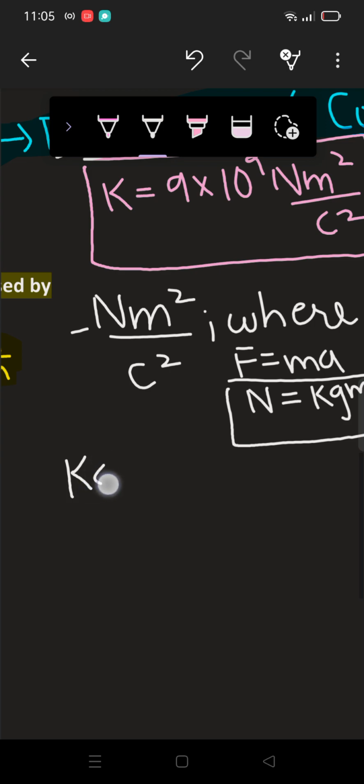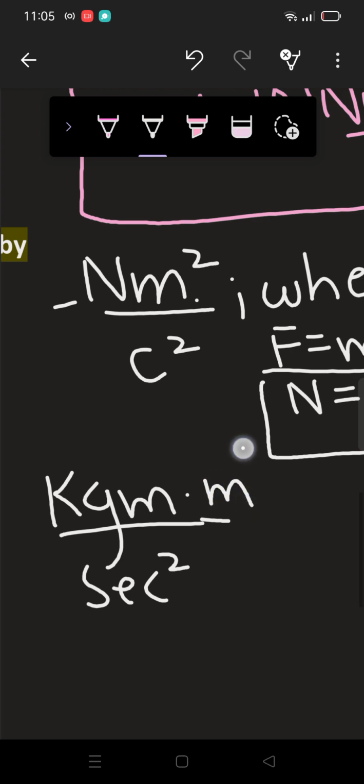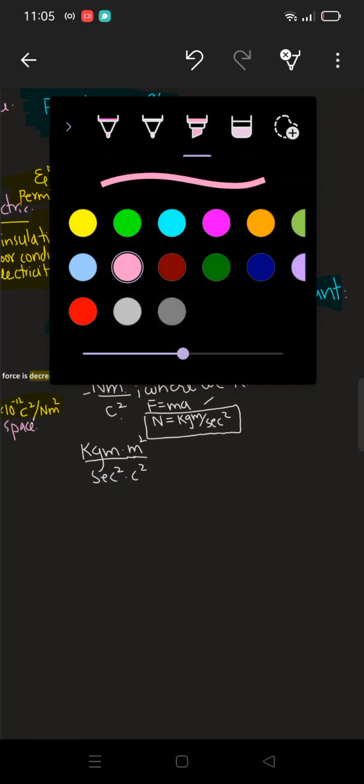So kg meter into second square, up we have meter square remaining, so meter square, and down we have Coulomb square remaining, so Coulomb square. Alright, so wait, let me highlight this again so that it does not create any confusion.